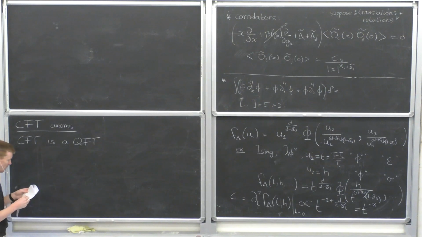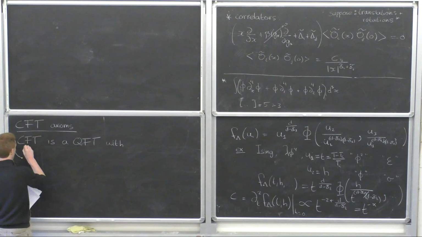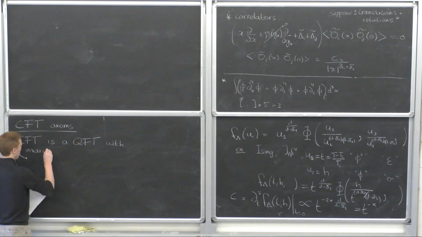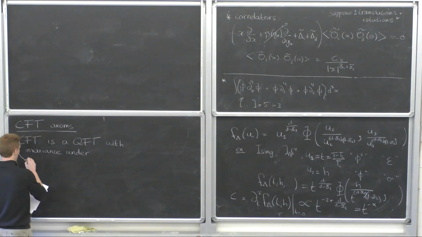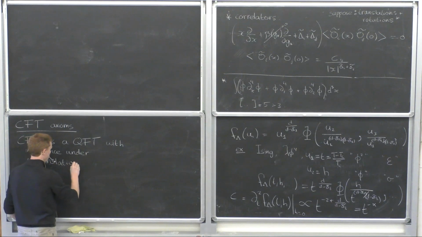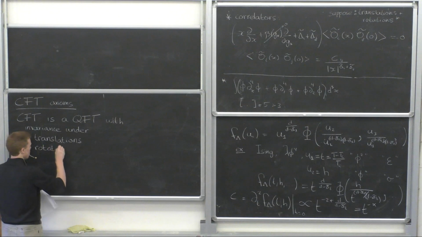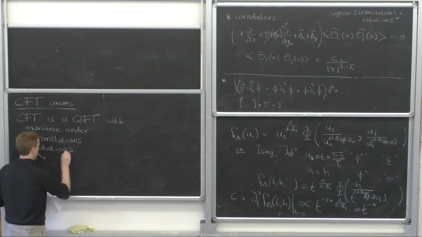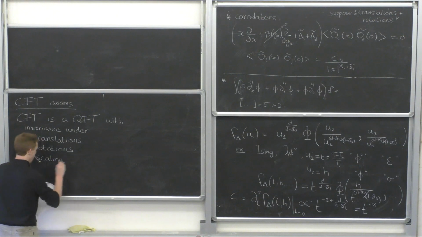A conformal field theory is a quantum field theory with invariance under translations and rotations, on which I made a comment just a few minutes ago, but then we of course have scale transformations or dilations or dilatations. Let me just write scaling.